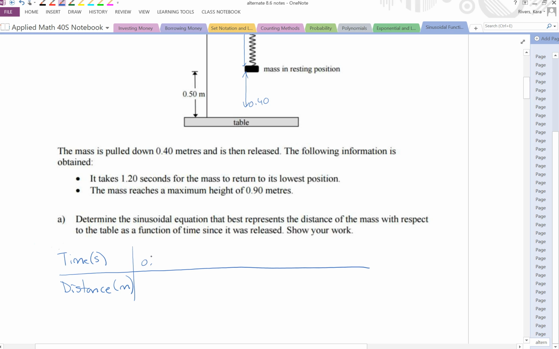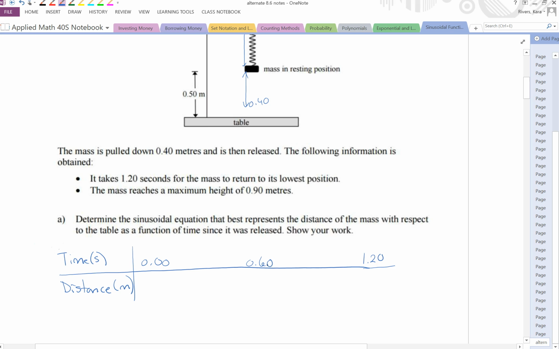So that's at 0 seconds, and I'm just going to put 0.00 because our time is measured in 2 decimal places. Okay, so we know that point. We know what's happening at 1.20 seconds, which is right at the end here. I'm not going to put the S there so we don't think it's a 5. And we know kind of what's happening in between, right? Halfway in between 1.2 seconds would be 0.60 seconds.